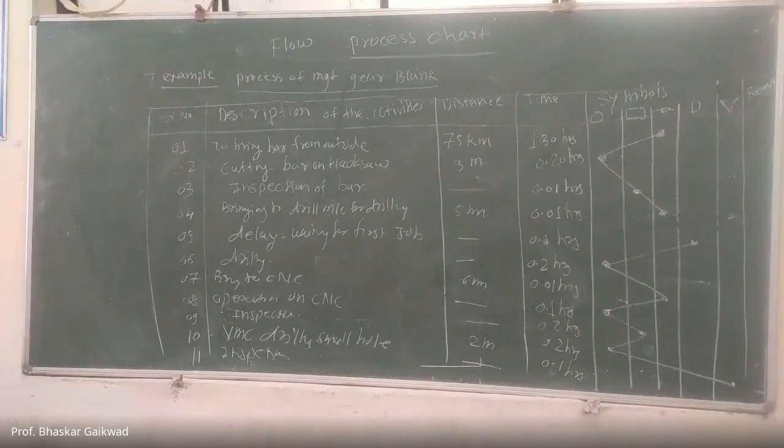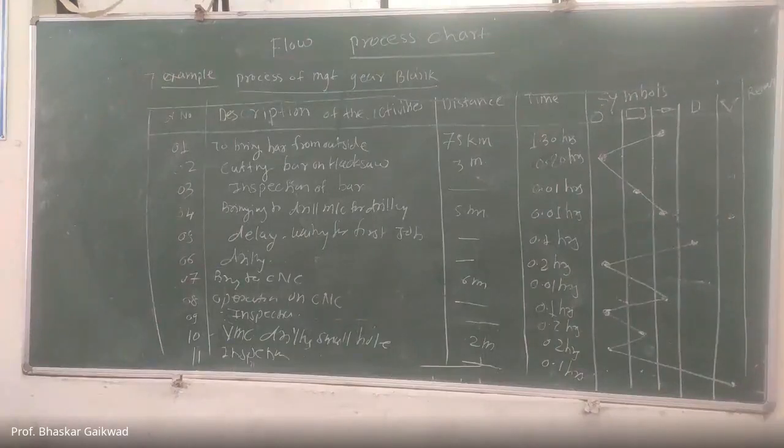Yesterday we saw one job, manufacturing on the CNC and VMC machines, and what is the actual flow of the materials from the band saw machine to the last finished product. Whatever the description of activities, it is written one by one.